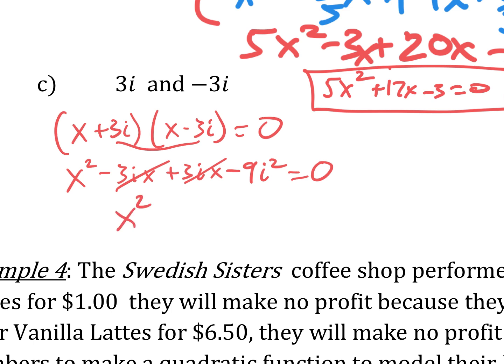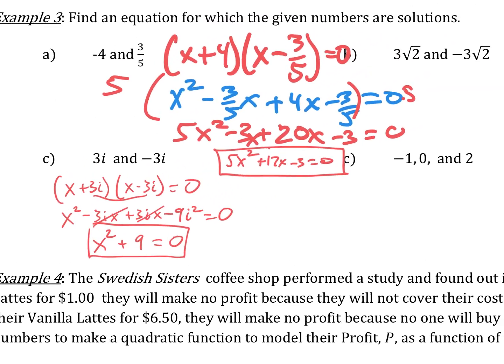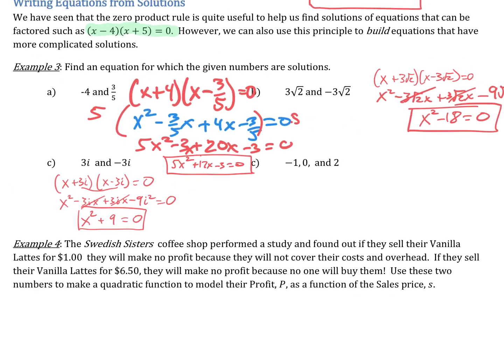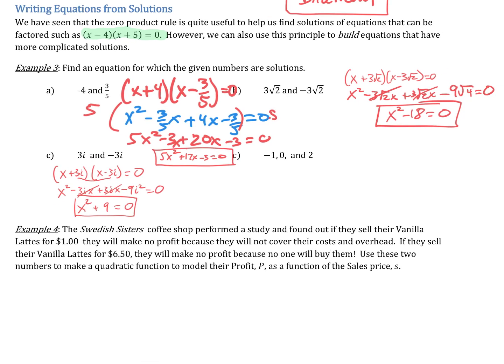Those cancel, and i squared is negative 1 times negative 9. That's going to be positive 9. That's where the positive is going. Okay, it's going to be positive in the end. That's what I was going for. All right. So it doesn't matter how many solutions you have.